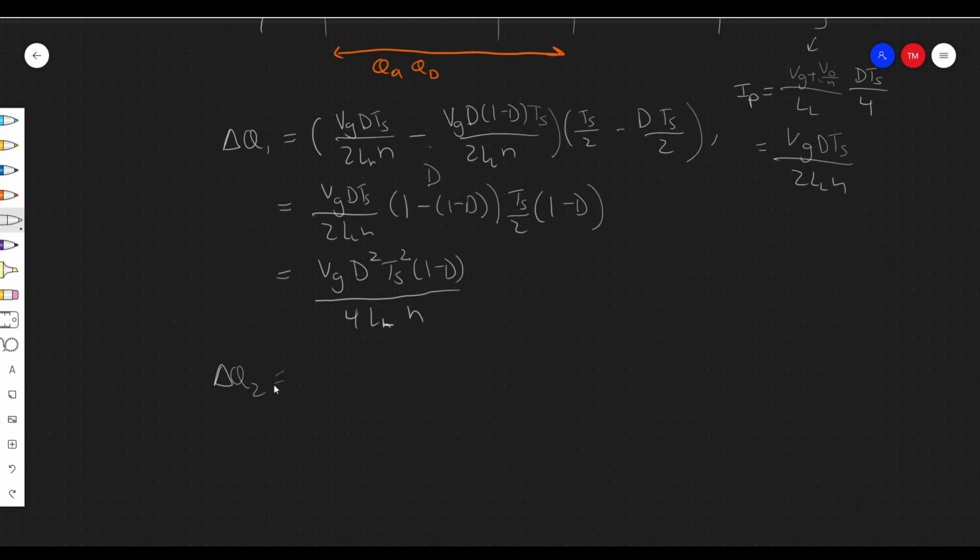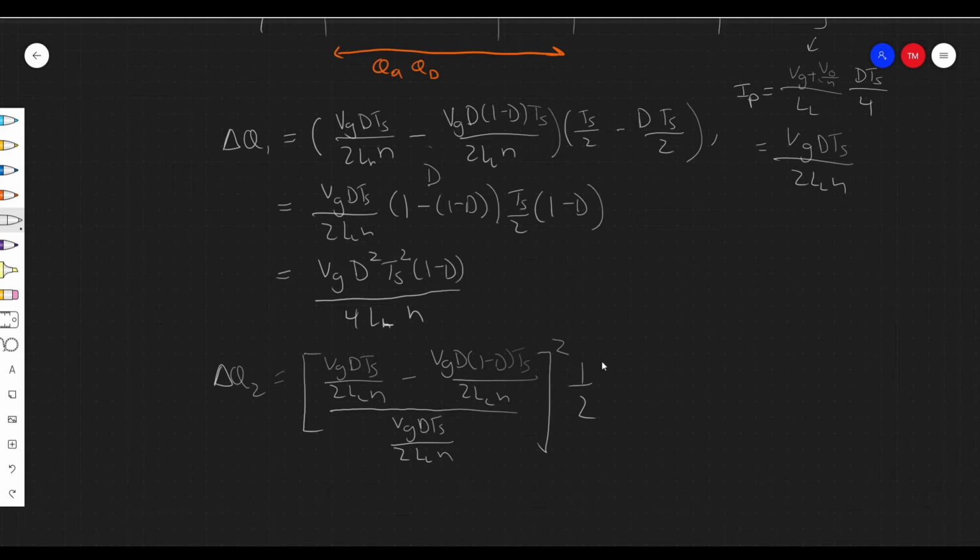Now let's find delta Q2. Well, it's pretty similar, right? So we have I peak over n minus I out, which is exactly this thing. So I'll just write this again, all over I peak over n, and this whole thing is squared.